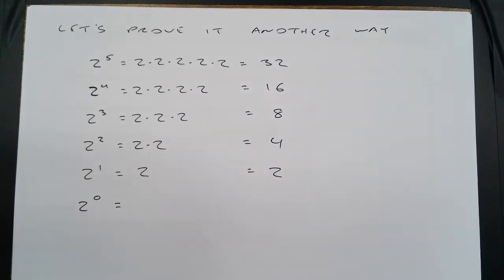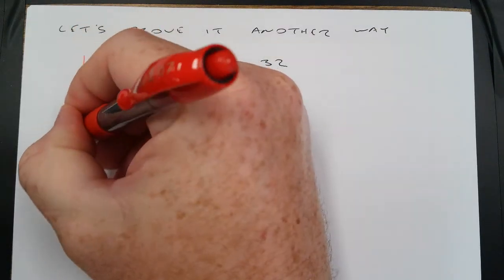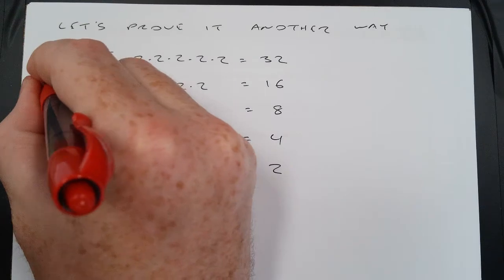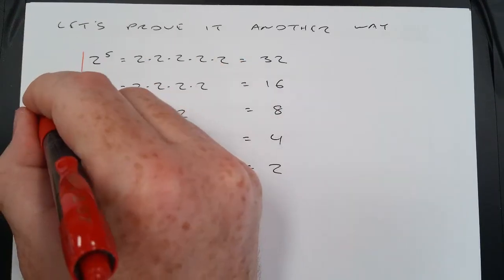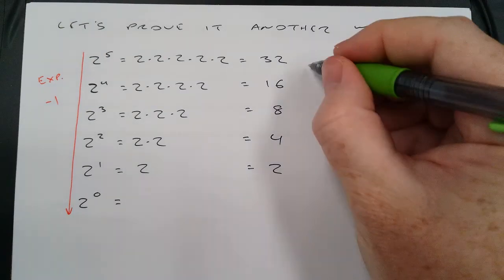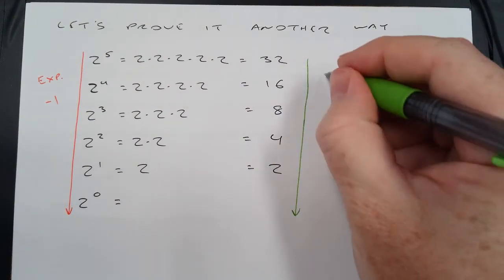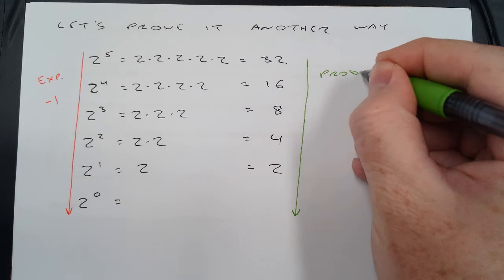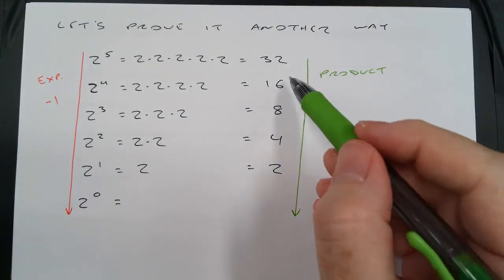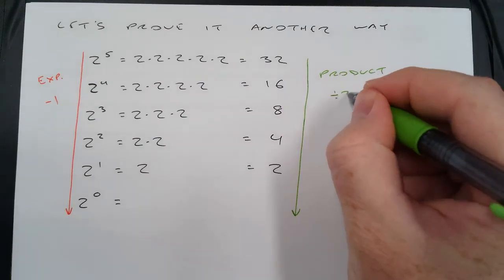And if you remember yesterday, I asked you to follow the pattern. So going down the chart, what is happening to the exponent? The exponent is doing a minus 1. And going down on this side of the chart, what is happening to the product? You can see the product is being divided by 2.